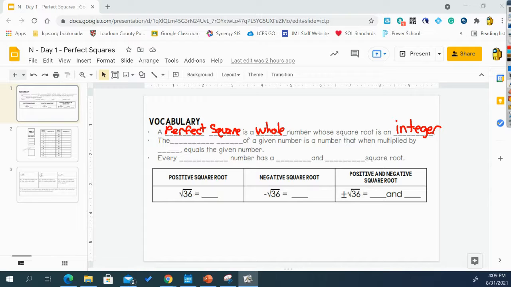The square root of a given number is a number that when multiplied by itself equals the given number. So let's place square root down here. I'll put itself right here.